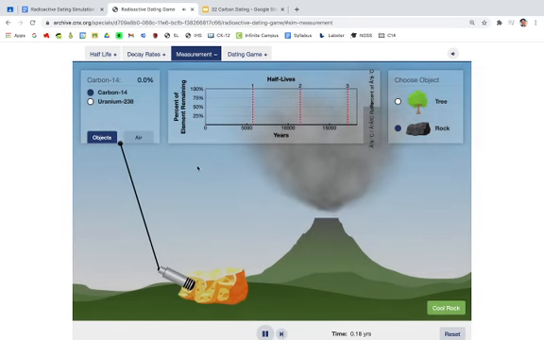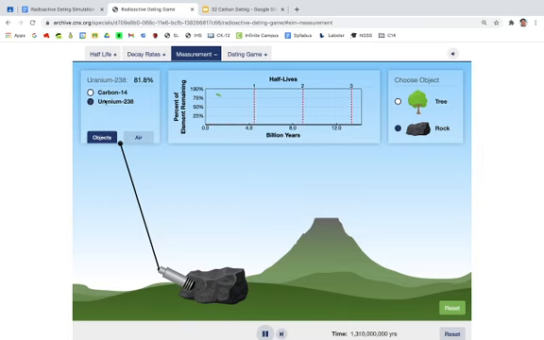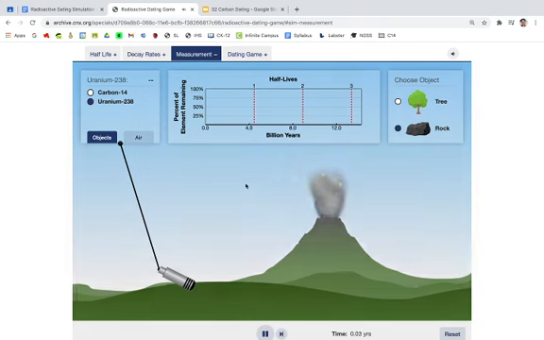Bam. Okay, here's our rock. Carbon-14, it's not registering. Why is that? Let's try uranium. Okay, it should start out at 100%. Let's reset this.